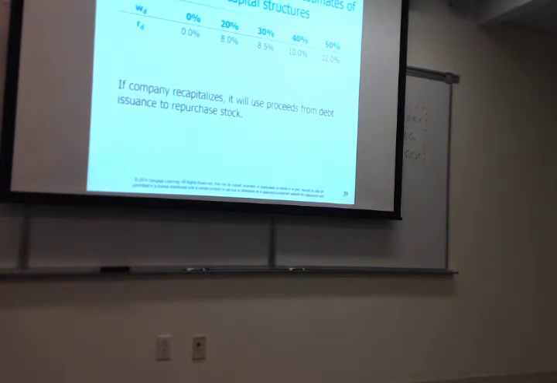So suppose we're going to do 20%. The first step is to find out what would be the cost of equity if we are a 20% debt firm. We're going to do that by calculating the new beta.